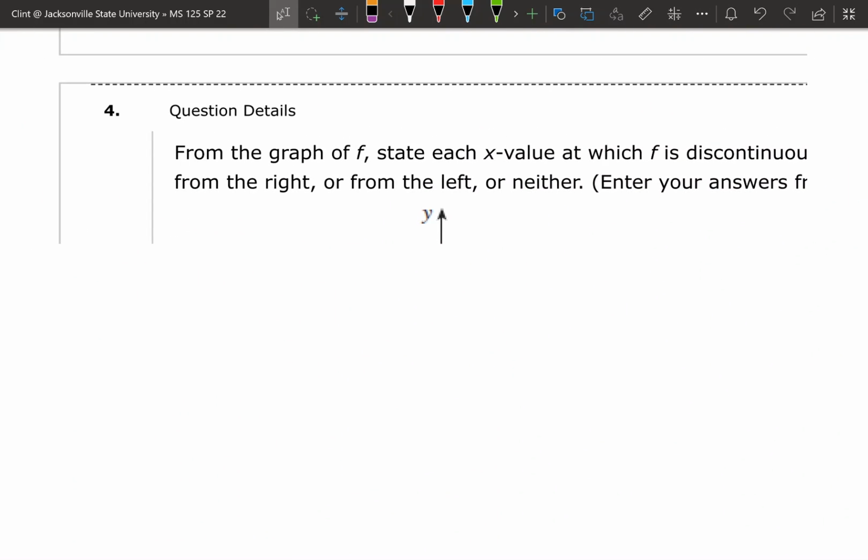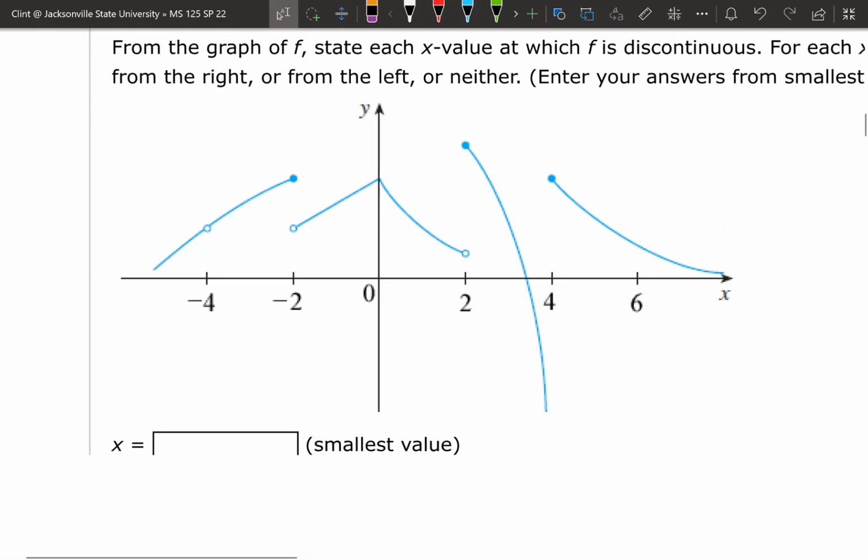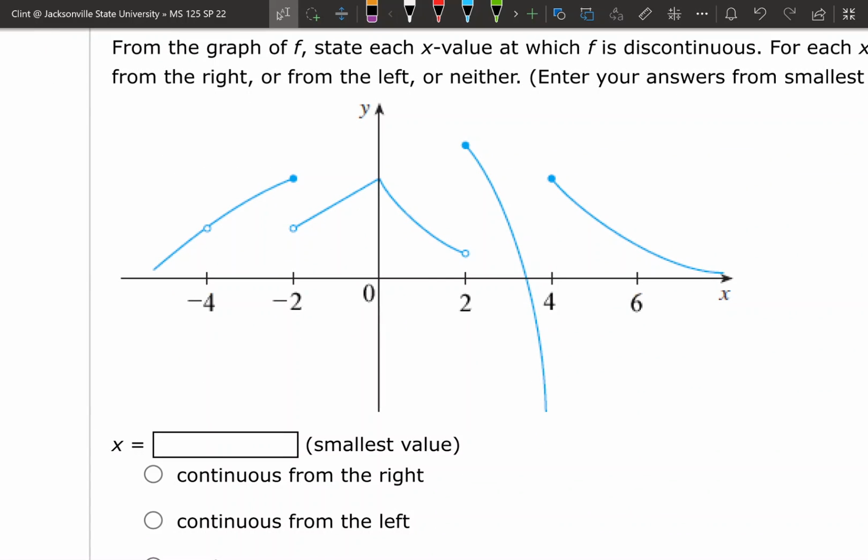I'm going to talk about continuity a little bit here. So this one wants us to identify all the x values where we have discontinuities. So remember, a function's continuous, in layman's terms, where you can draw it without picking up your pencil.